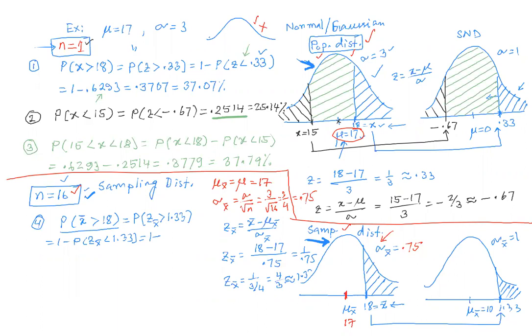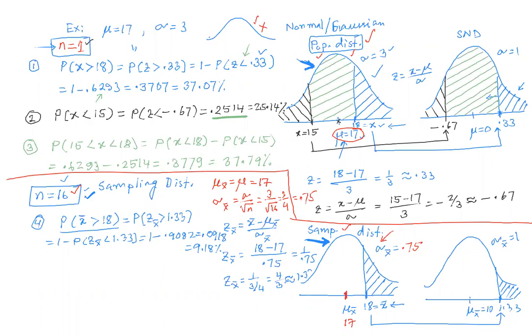Let me just double check. 0.9082. So 1 minus 0.9082 is 0.0918, that is 9.18%. Okay, so there is a 9.18% chance that the average of 16 people would be greater than 18 hours.